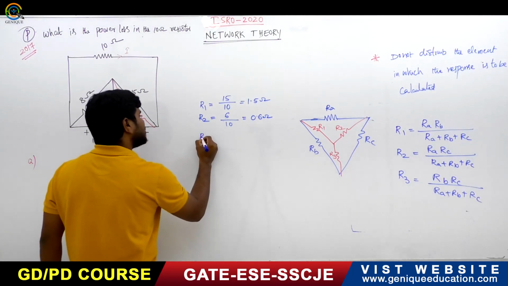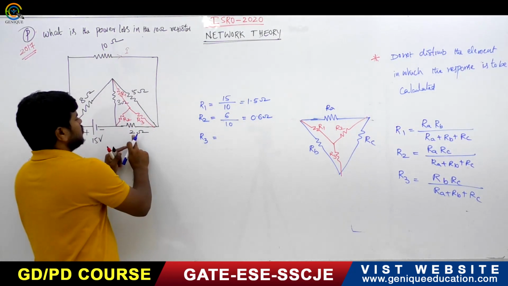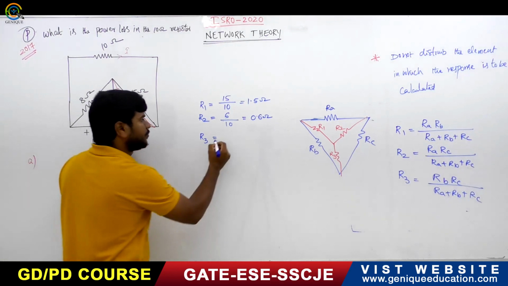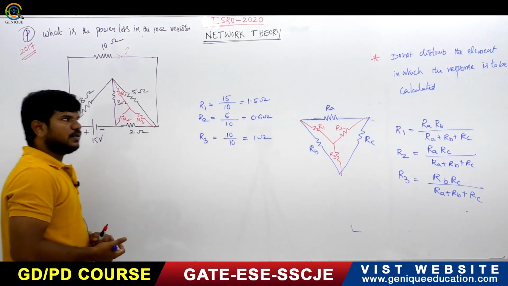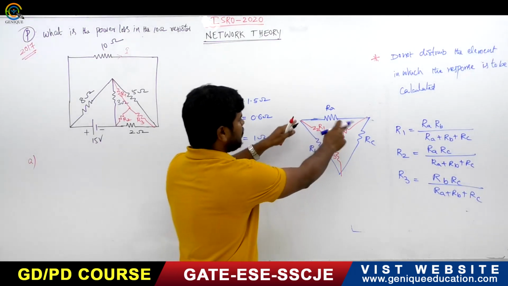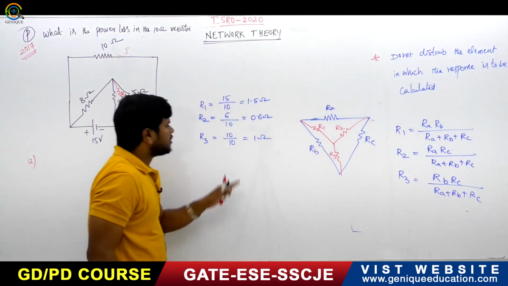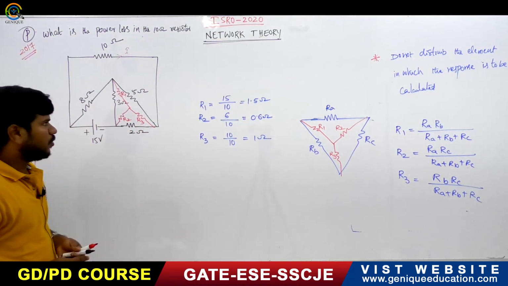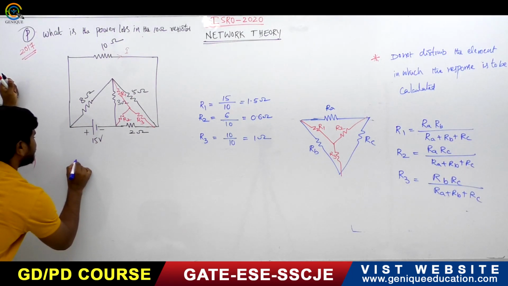What is R3? R3 is 2 into 5, which is 10, divided by 10. This will be 1 ohm. So this is the network. You can convert this into R1 equal to 1.5, R2 equal to 0.6, R3 equal to 1 ohm. So the above network can be represented as follows.